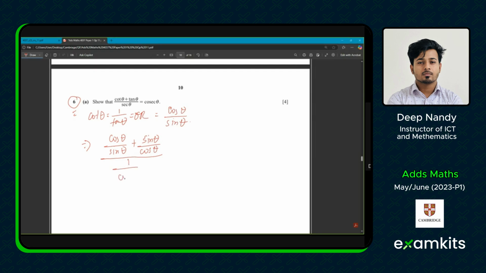Now if we're going to solve this, we take the LCM of the denominators, that is sin theta cos theta, giving cos square theta plus sin square theta by sin theta cos theta, divided by 1 by cos theta.